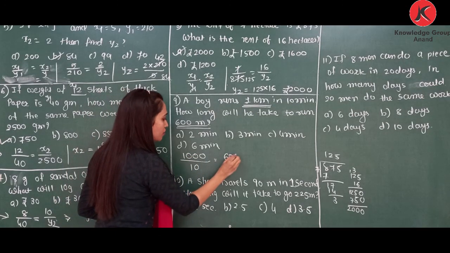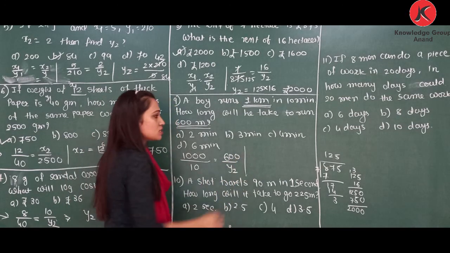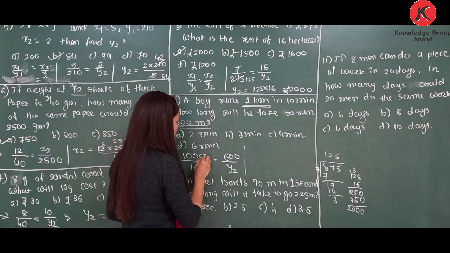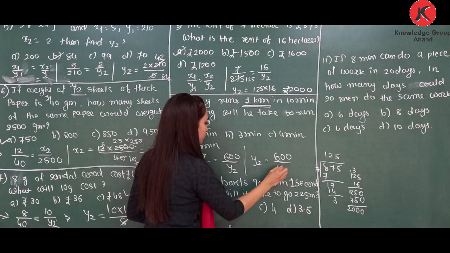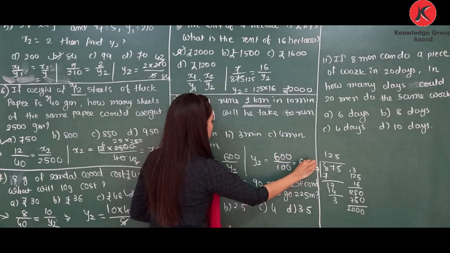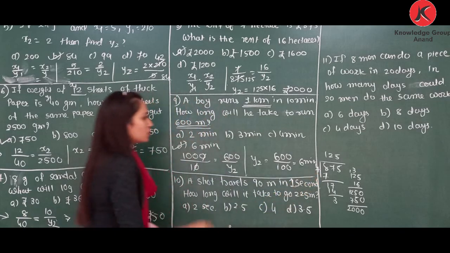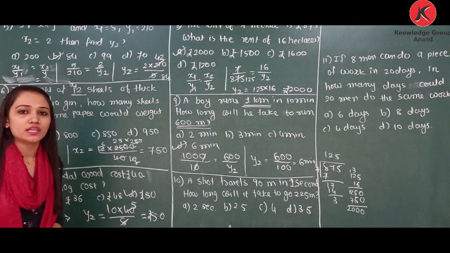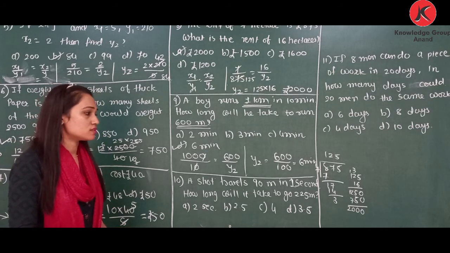So for 600 meter, what will be the time? Because it is in a direct proportion. So 1000 will be in a divide. So that will be 6 minutes. Option B. Read the statement properly, and if there is a conversion, then you must perform the conversion first. Then you can find the answer.